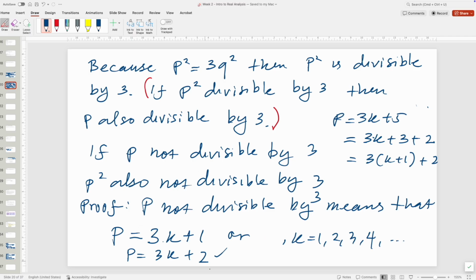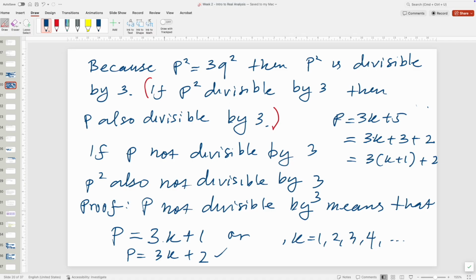Okay, what next? Check P square. Now consider. Do you agree with this now? Understand until here? Why can I write P as 3K plus 1 and P as 3K plus 2? Because if P is not divisible by 3, the possible remainder is 1 or 2. There is no other remainder.